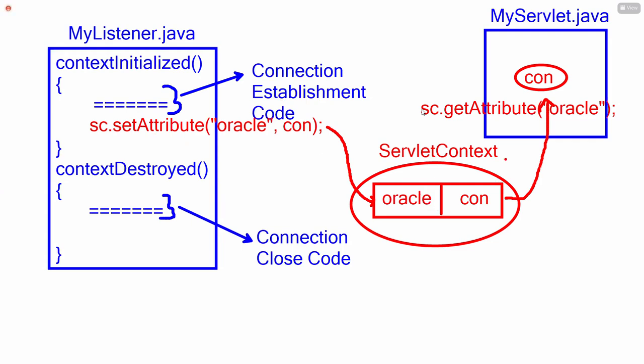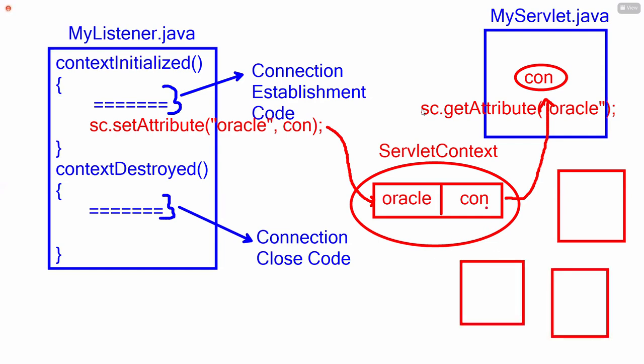This object we are using here. Not only in this servlet, other servlets also can use it, n number of servlets. One connection object can be used by all servlets in that WAR file, in that web application.